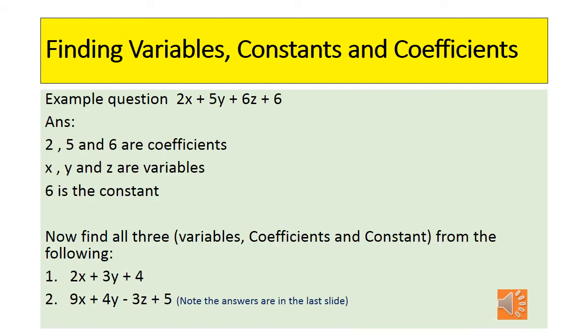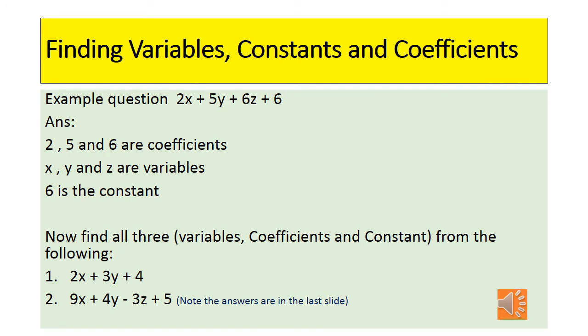In these examples, we need to find the variable, constant and coefficient. In example 1, 2x plus 5y plus 6z plus 6, here 2, 5, 6 attached to x, y and z are the coefficients of those variables. x, y, z represent the variables, and the 6 alone is the constant part of the expression.